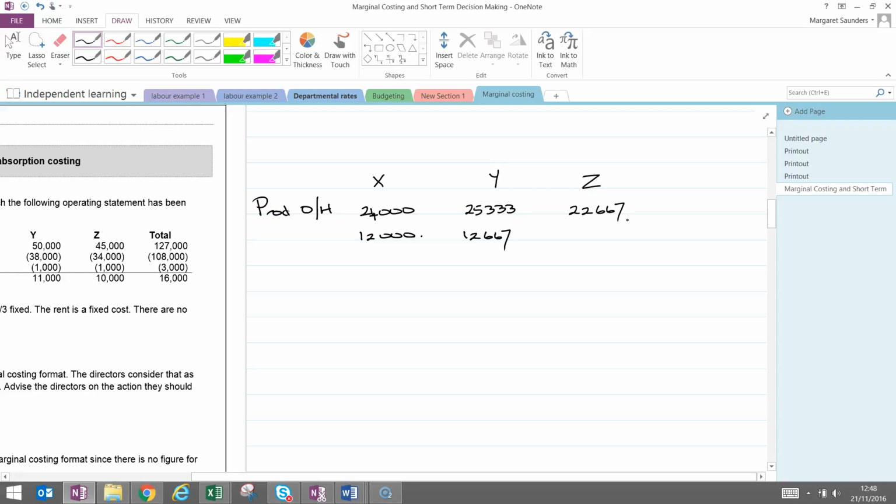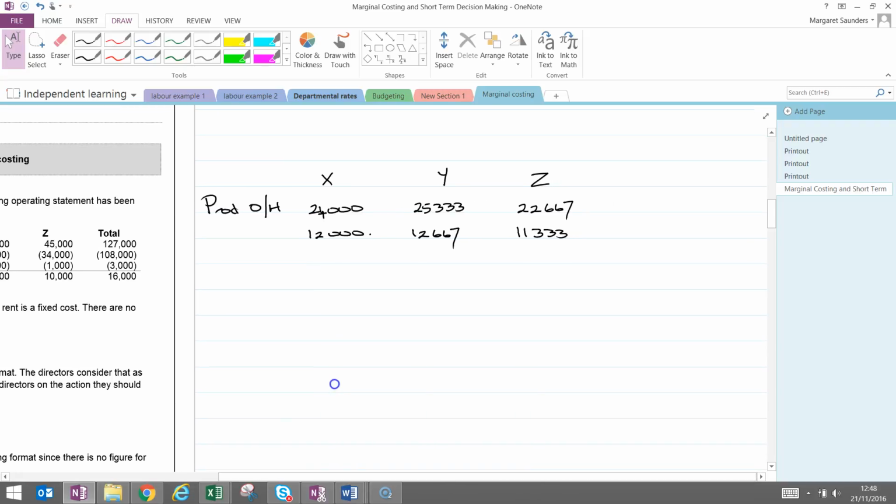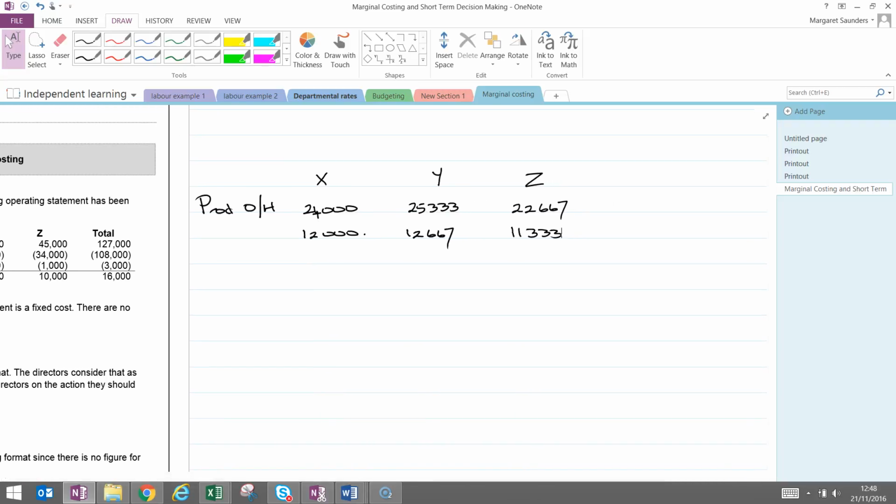And 1/3 of 34,000 works out to be 11,333. So the 2/3 is the variable part. And the 1/3 is the fixed.